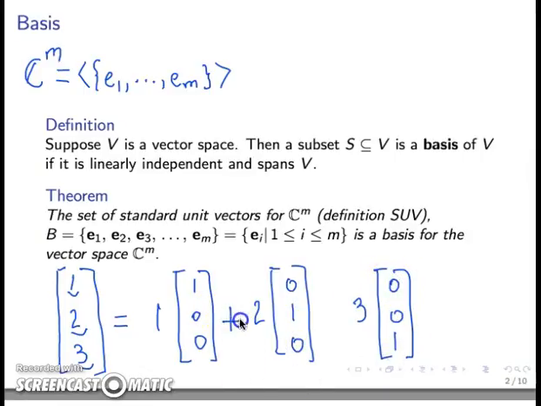This linear combination is exactly equal to the vector. In other words, we can express that member of C3 as a linear combination of the basis elements.